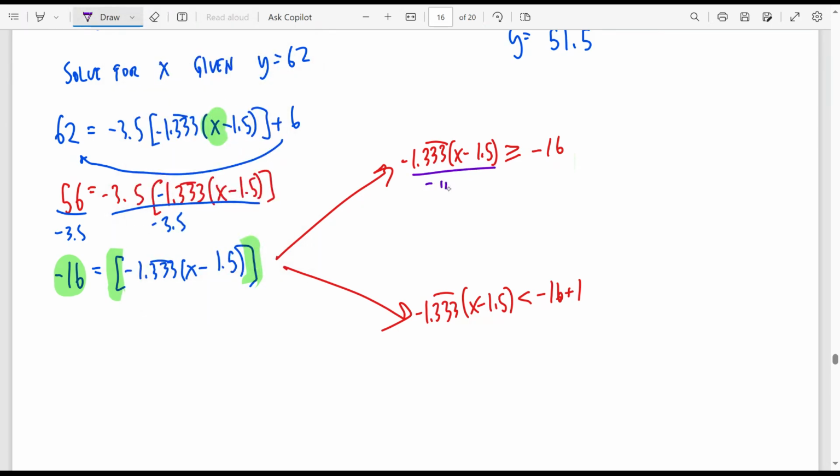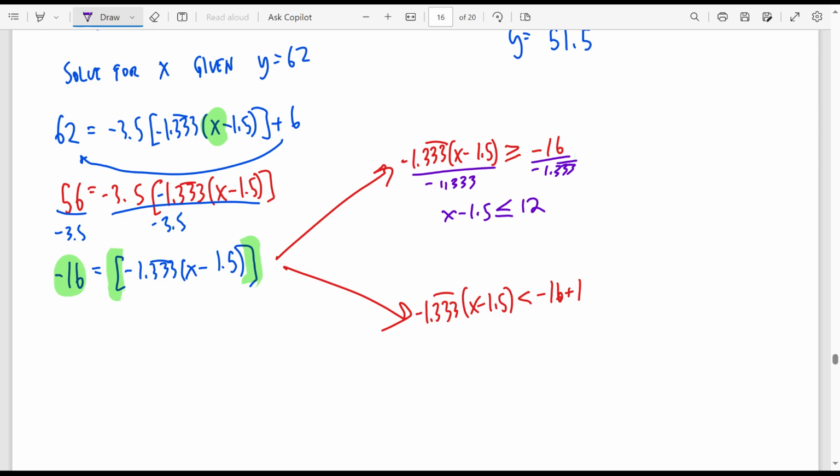So divide by negative 1.333 repeating on both sides, okay, which is going to leave me with something along the lines of 12. And here's what happened, which is weird. Whenever I divide or multiply by a negative with an inequality, all of a sudden it will switch directions. There's a reason behind that. I've gone over it in class before.